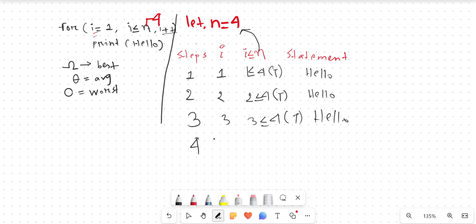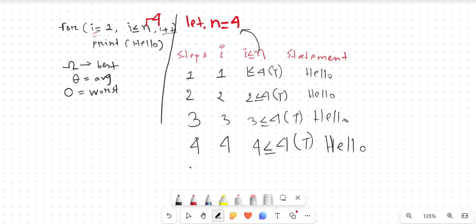When my step number is 4, my I is incremented to 4. So is 4 less than or equal to 4? Less than 4 is not true, however 4 equals 4, and that one is true. My statement is going to be printed.